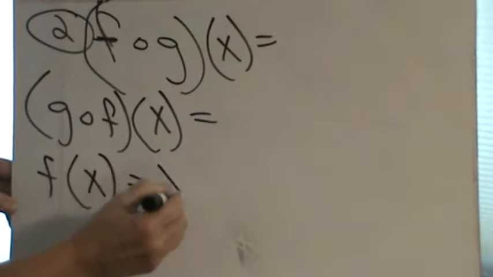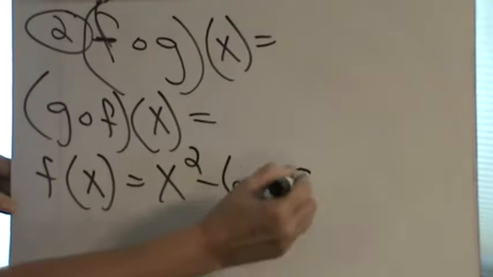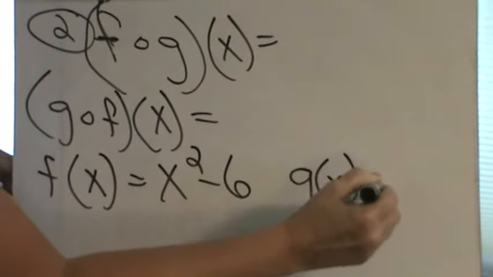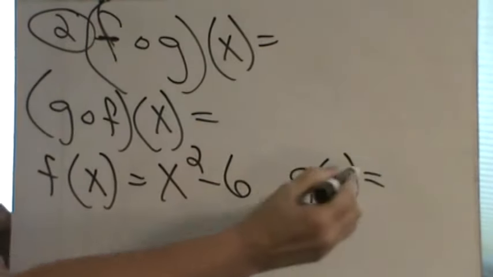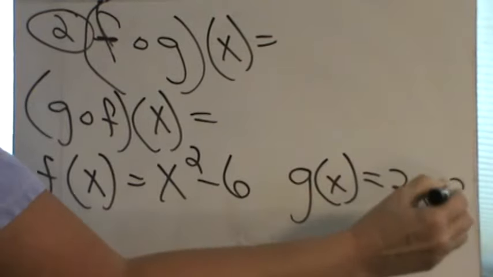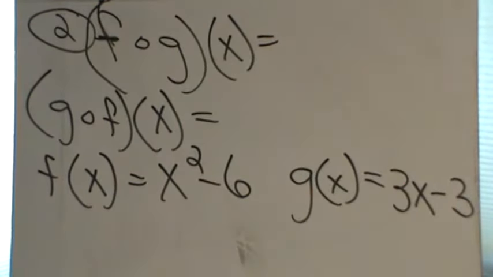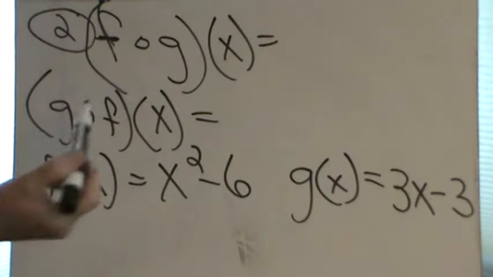F of x is x squared minus 6. G of x is 3x minus 3. Now, please do not make this hard. It really is not hard at all. The hardest part is me trying to explain how to do this.